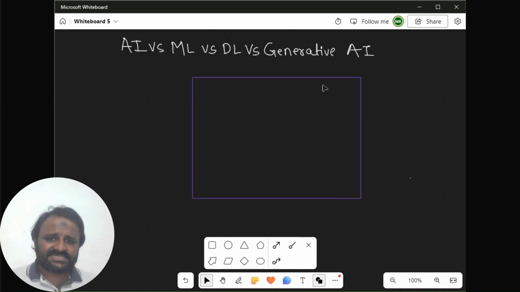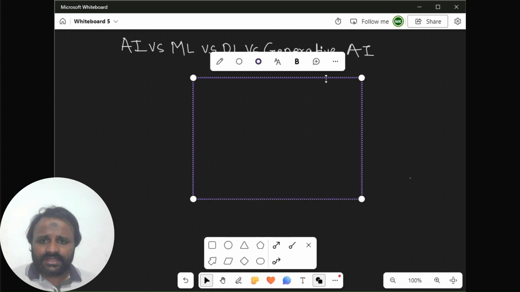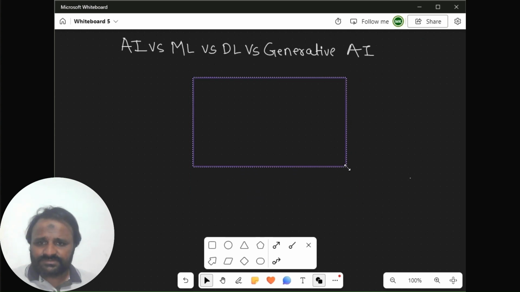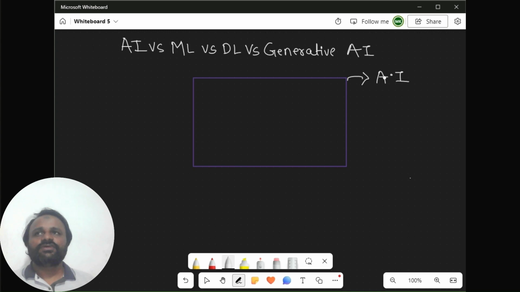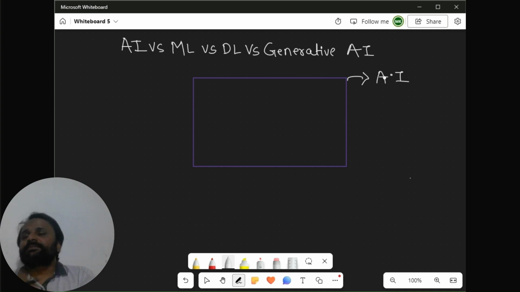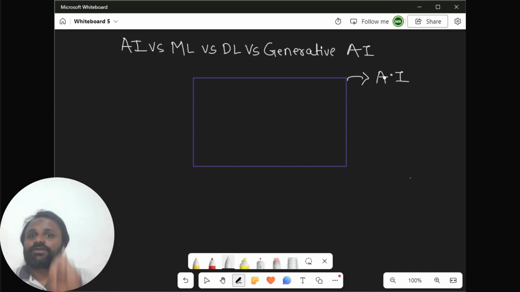So let's consider this is your AI, a superset. I told you that I will explain with the help of set theory, a collection of objects. Consider the entire set of applications in your environment, in your Android mobile phones, Apple mobile phones, and computers. All of that belongs to this entire superset of artificial intelligence.